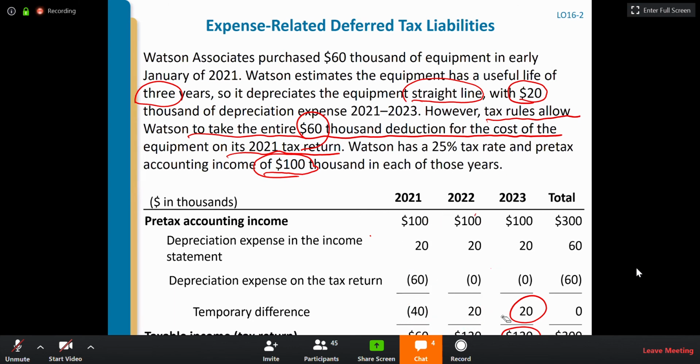How about 2022? Similarly, the difference is 20, so the taxable income is 120. 2023 is 100 plus 20, you get 120 again. So those are the taxable incomes for those 3 years. That makes sense, everyone?